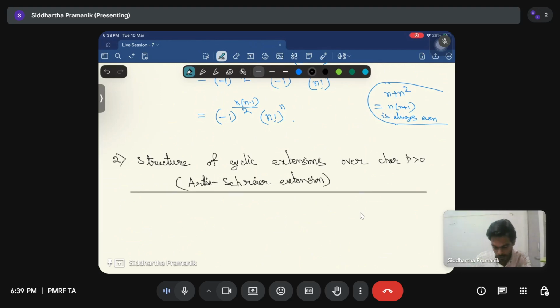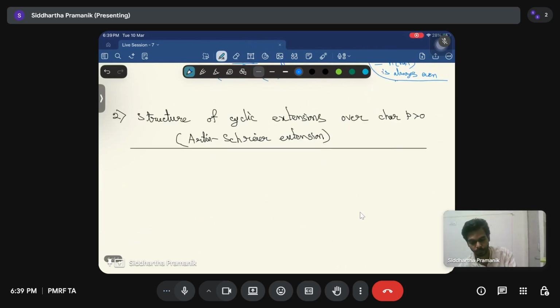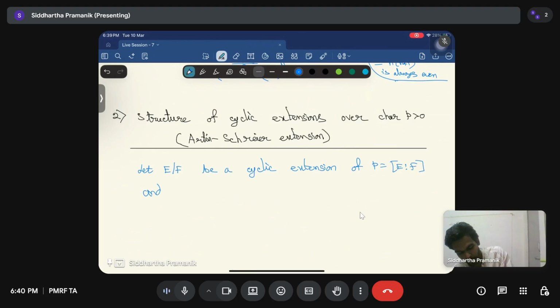So let's see what it is. Let E over F be a cyclic extension of degree p, and the characteristic is also p.